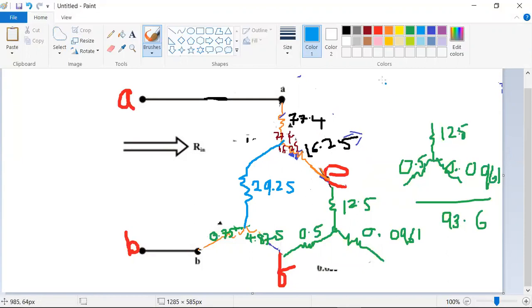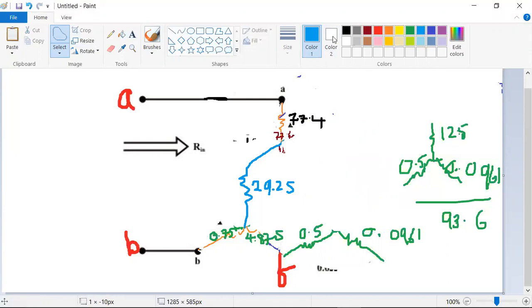Let me remove that also. It will be 28.75.